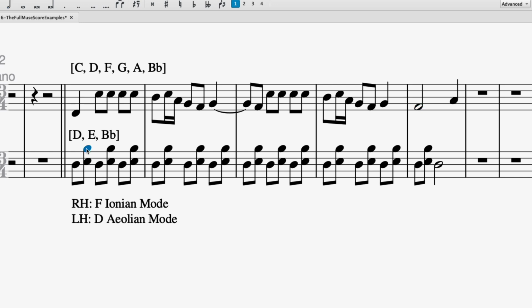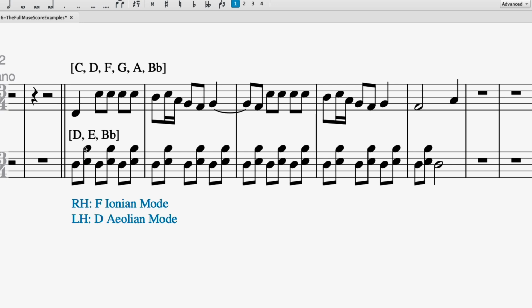This, however, is very D minor-ish sounding, right? It's just dun da dun da da da da. So I would argue that we're still doing the 2 mode thing, but our right hand has switched to F Ionian, so F major, and our left hand has stayed in D minor, right?